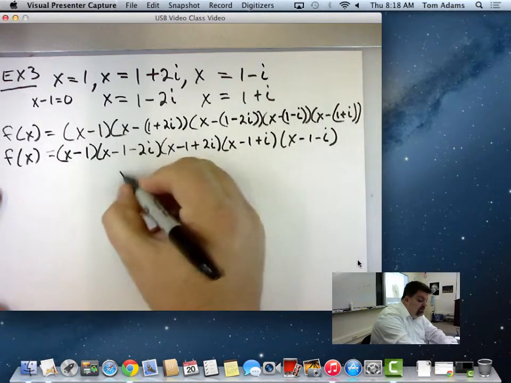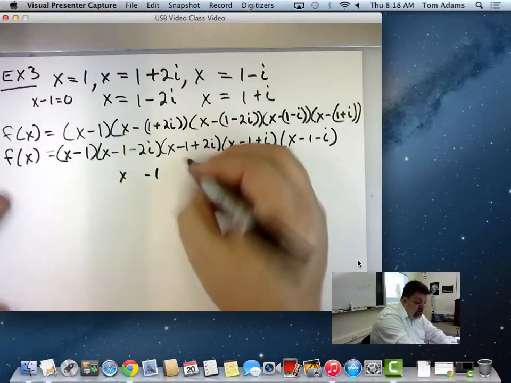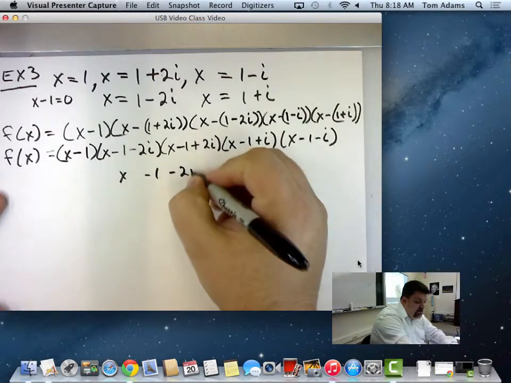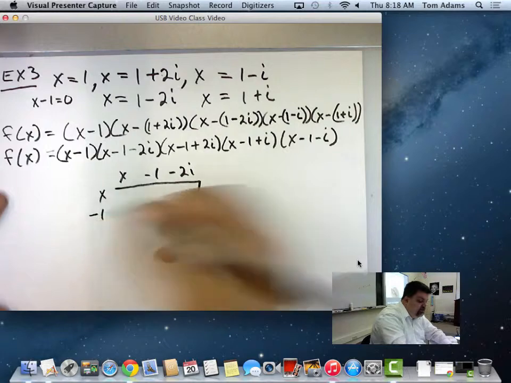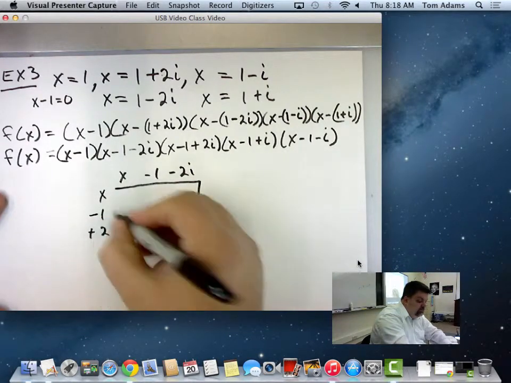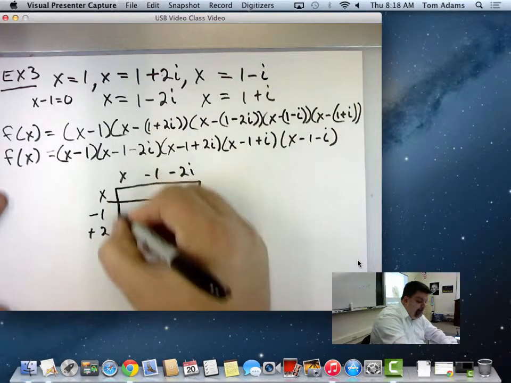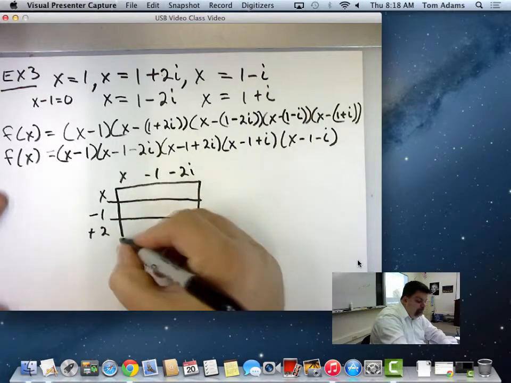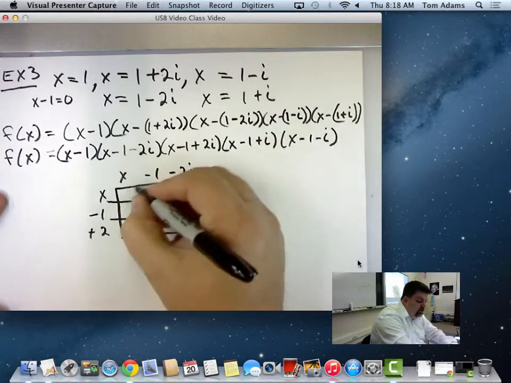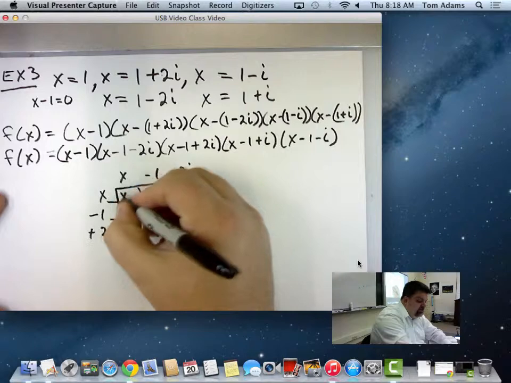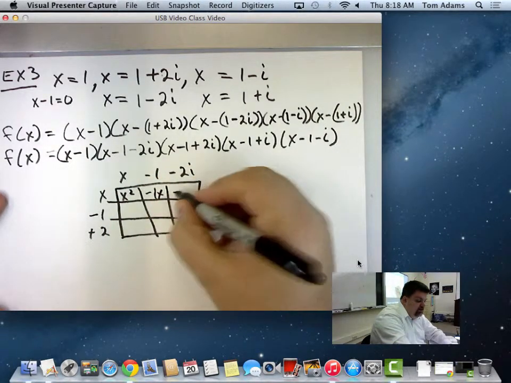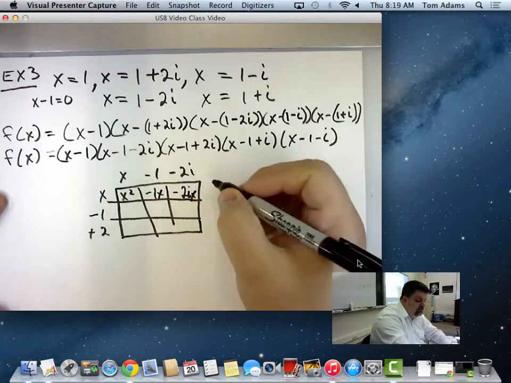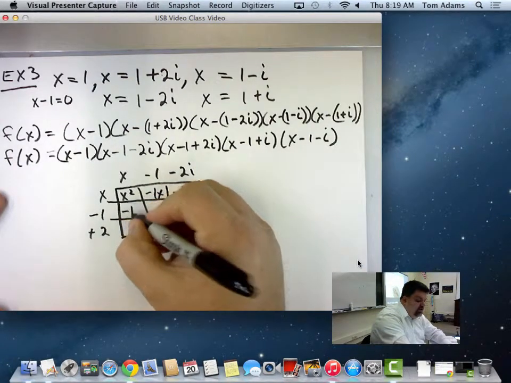So I'm going to pick these two. I'm going to say x minus 1 minus 2i times the quantity x minus 1 plus 2i. So I get x squared minus 1x minus 2ix. Over here I get minus 1x.